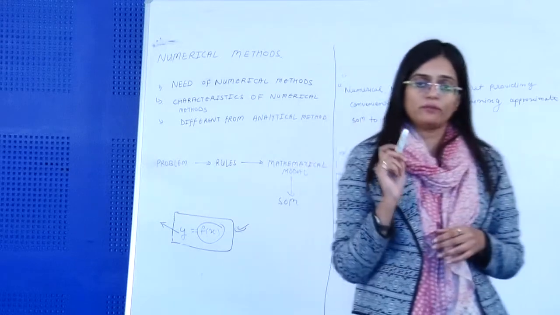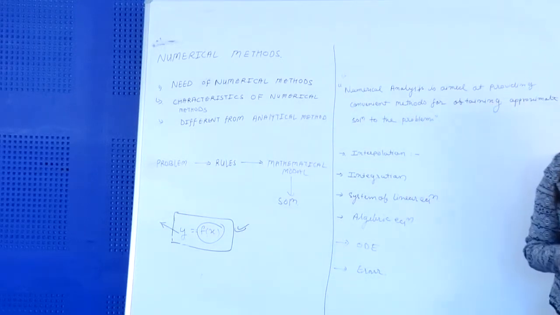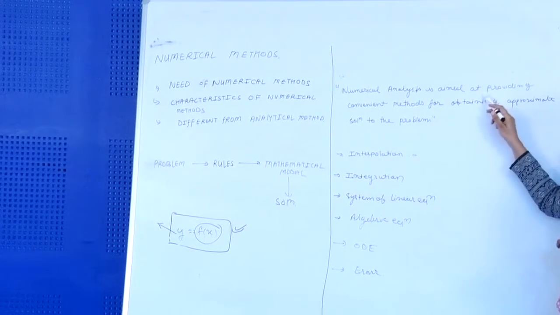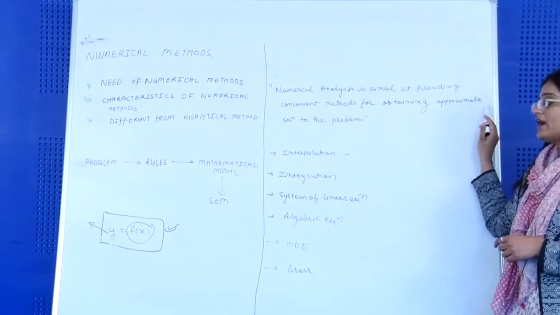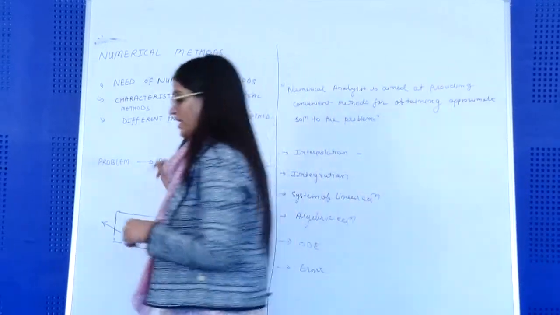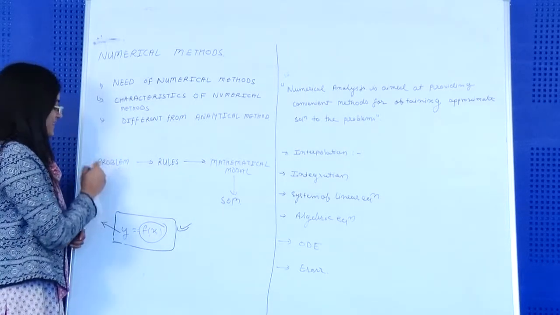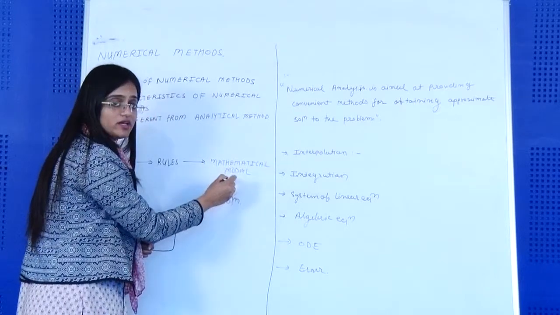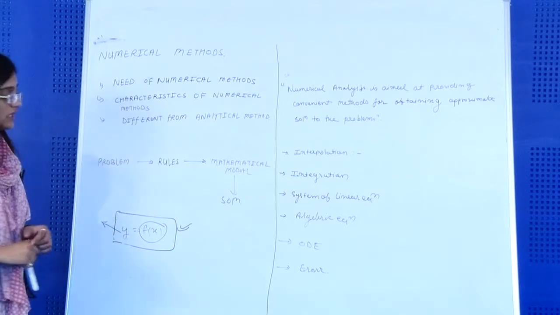Before I go to the modules, I would like to explain the definition of numerical method. Numerical method is aimed at providing convenient methods for obtaining the approximate solution of a problem. Previously I explained, if we have a problem and we identify it, we can construct a mathematical model, and whenever we have a mathematical model, we apply a formula to get the solution.